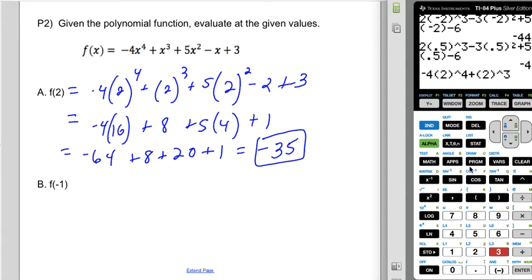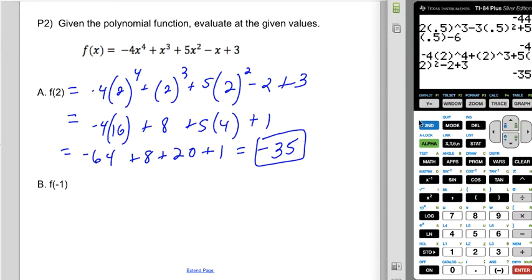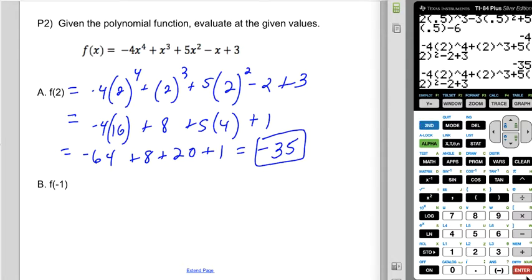I know that I could do 2 to the 3rd in my head, but the reason I'm typing it in is because if I were going to type it in, it makes the most sense to type in exactly what the whole expression is, so that then I can just second enter and do the same thing with the negative 1 in a sec. So let's double check that it's right. So negative 4, the 2 is to the 4th, the 2 is to the 3rd, a plus 5, 2 is to the 2nd, a minus 2 and a plus 3, and I hit enter, and hopefully we get a negative 35. And then if I hit second enter, right, I can do the same thing.